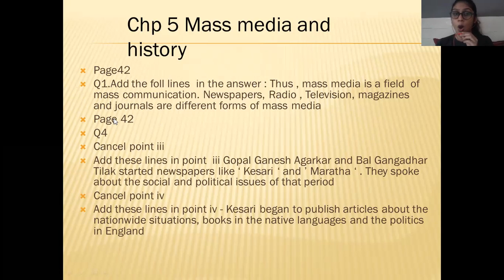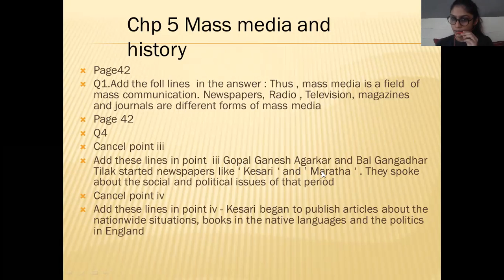Now, again, on page number 42, question number 4, cancel point number 3. The whole of point number 3 will be cancelled. You have to add these lines in point number 3. The lines are as follows.